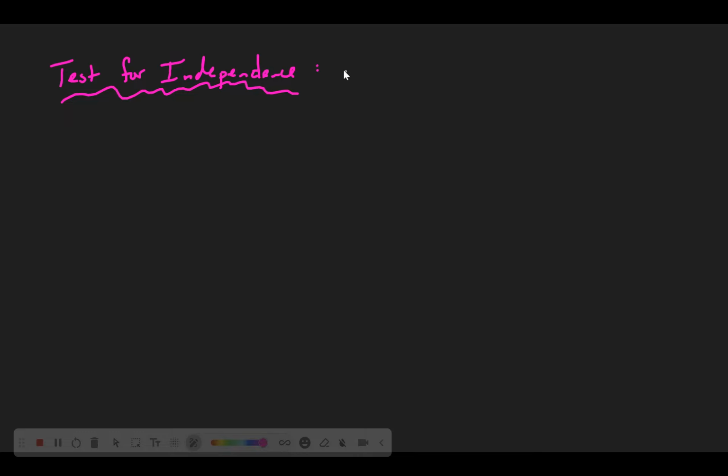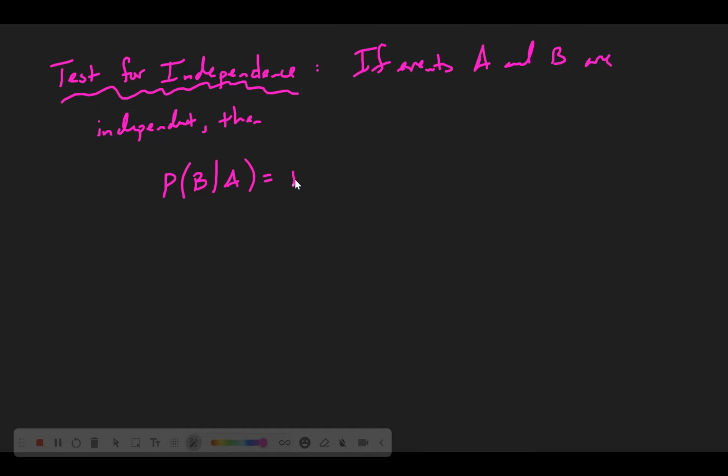If events A and B are independent, then, and here's our rule, the probability of B given A will be the same as just the probability of B, and the probability of A given B will be the same as the probability of A.